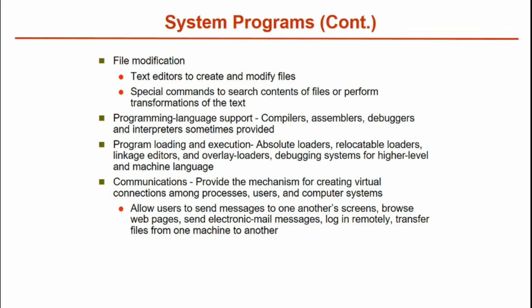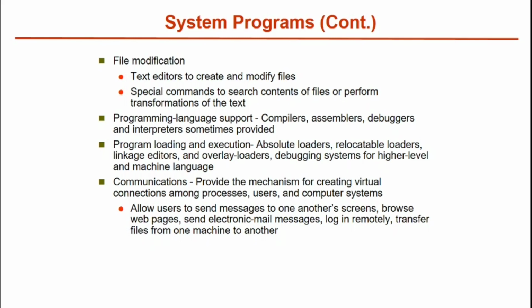Next, file modification. In file modification, there are text editors to create and modify files, and special commands to search the content of the file or perform transformation of the text. Programming language support includes compiler, assembler, debugger, interpreters, and sometimes compilers of other operating systems also.